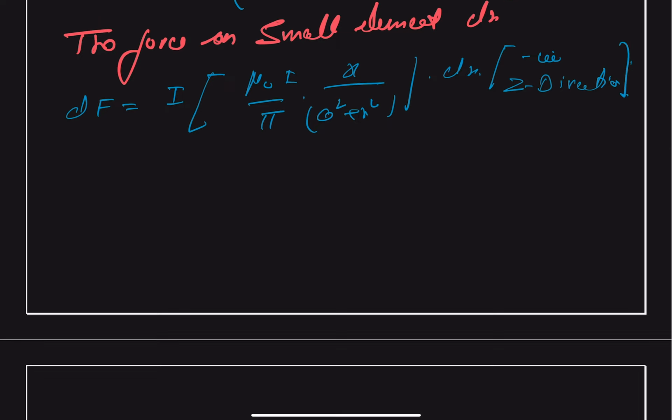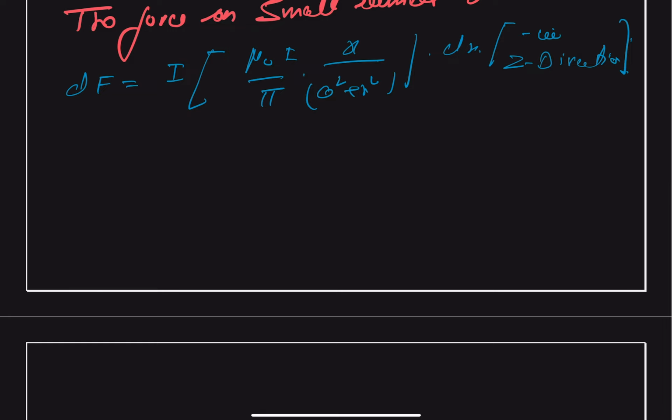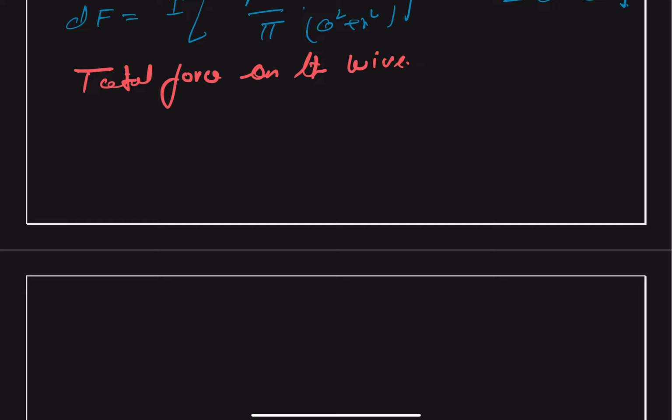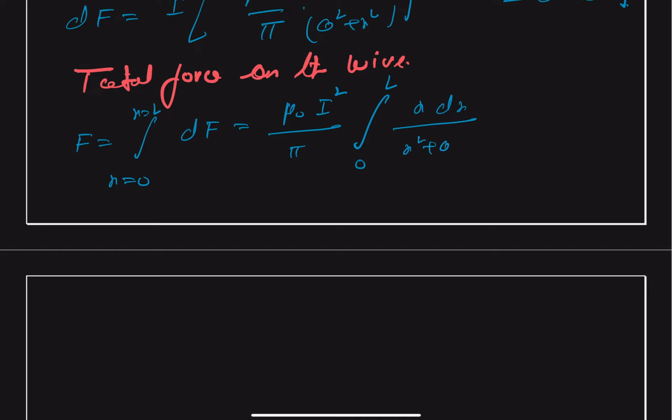So we can find out the total force on the wire, and the length of the wire is given as capital L. Therefore we can write that our F will be equal to the integration from x equals 0 to x equals L of dF, and this comes as mu naught I square divided by pi, integration 0 to L, x dx divided by x square plus A square.